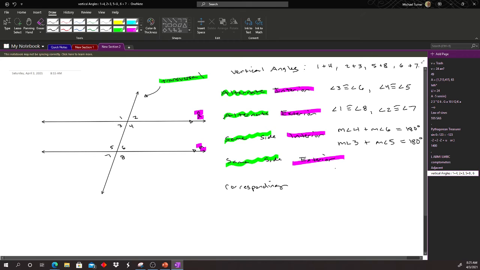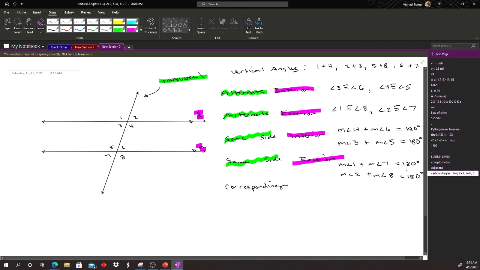And we get something similar with same side exterior. Angle 1 and angle 7 have to be supplementary. And angles 2 and 8 would have to be supplementary. So those are your main angle pairs.